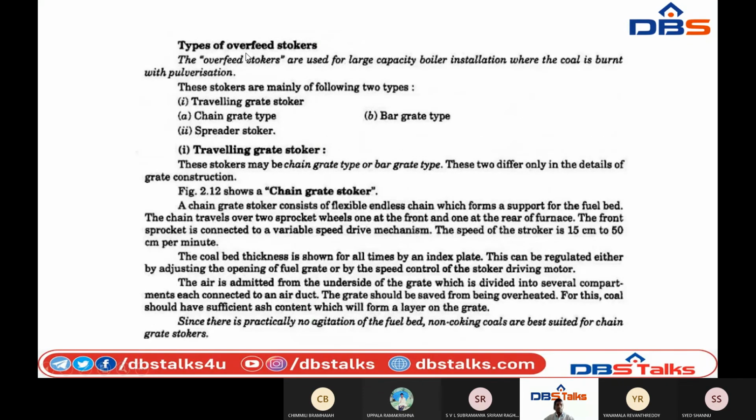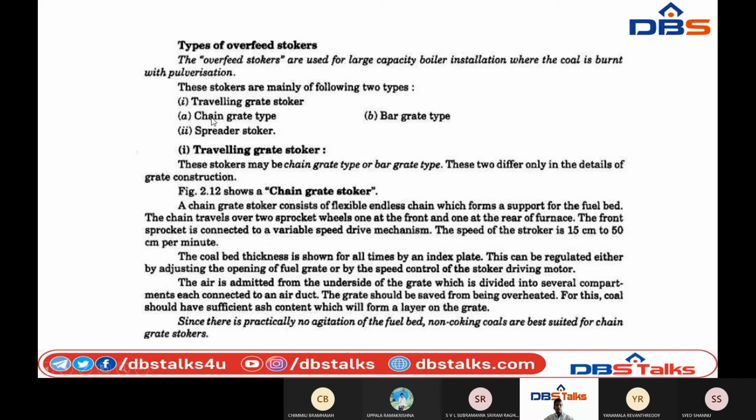Coming to the types of overfeed stokers, we have three classifications: traveling grate stoker type, spreader stoker type, and so on. The traveling grate stoker is again classified into two types, chain grate type and bar grate type.